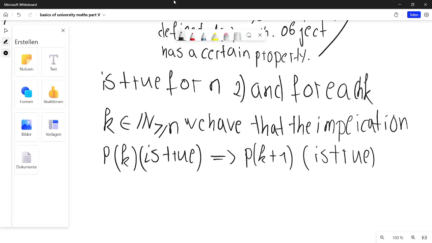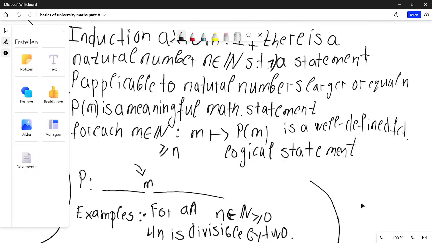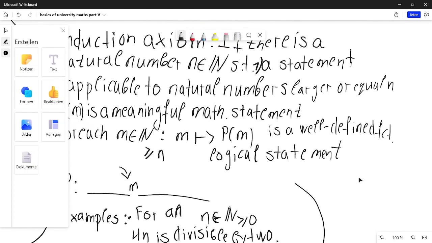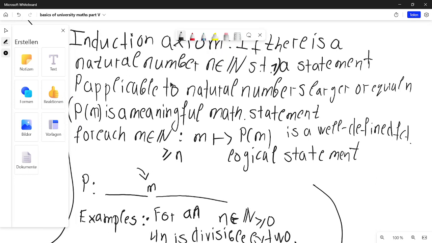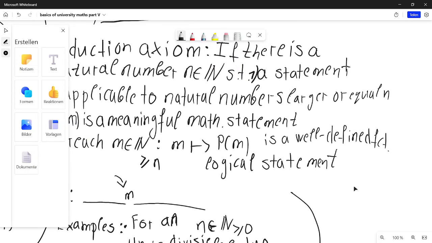If we manage to find such a situation in which a statement P is applicable to natural numbers larger or equal some natural number n, right?